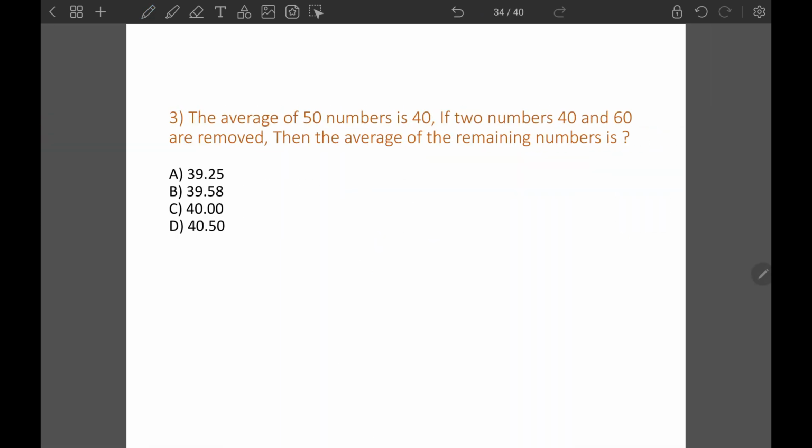Okay. Let us go with this question now. Given that the average of 50 numbers is 40. If two numbers, 40 and 60, are removed, the average of the remaining numbers is? See, first we can do this same question in two ways.